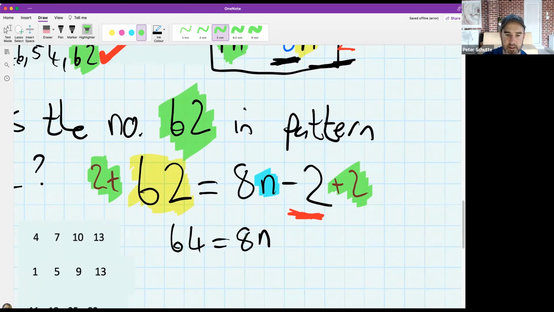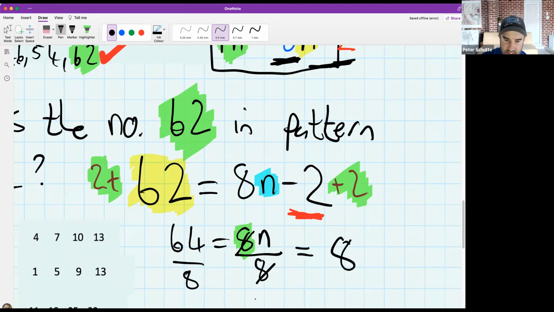But basically, if I want to solve for n here, I'm going to divide both sides by 8. Guys, please keep yourselves on mute. And if I do that, 64 divided by 8 is 8, which means n is 8. What this tells us is that 62 was the 8th item in the list.